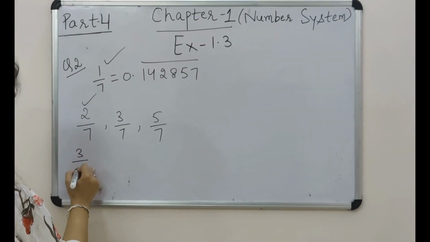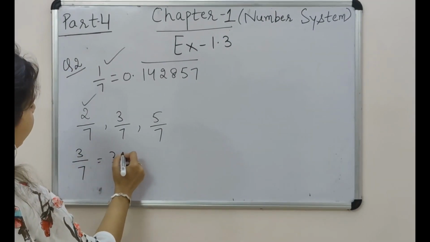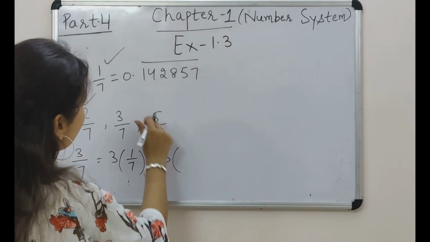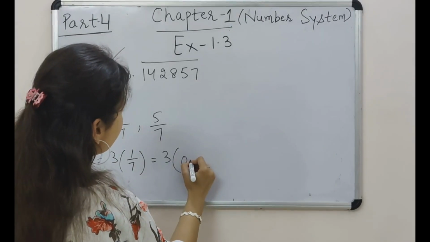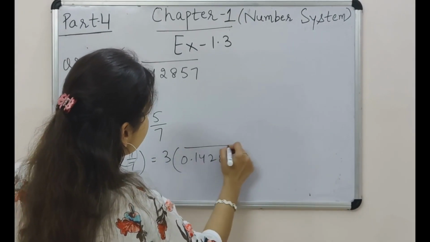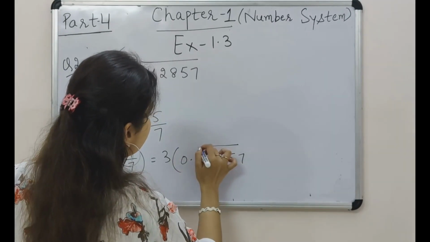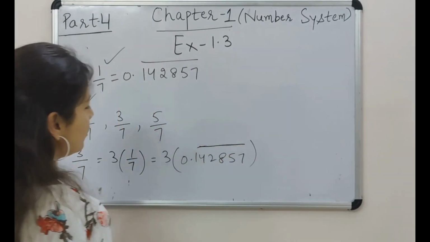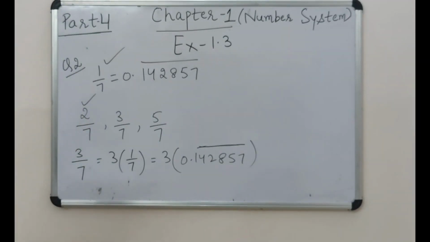Next I am going to take 3 by 7. Again on the same steps, 3 remains outside as it is. I am inserting the value of 1 by 7 from the given. After simplifying, after the decimal there is a bar over all the digits.